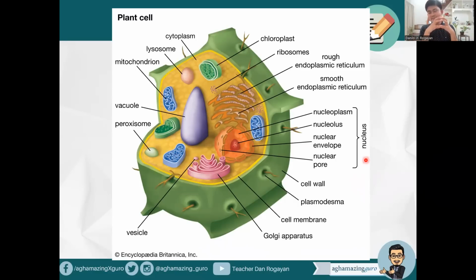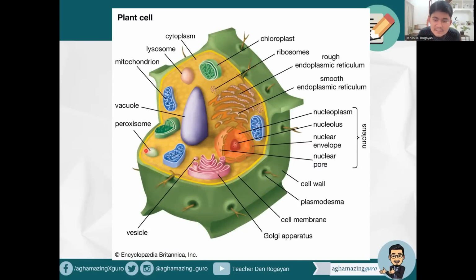Pag open, this is turgid, di ba? So turgid pag open stomata. Pag close, ayan, flaccid. So usually, kailangan din nila mag-close para hindi ma-evaporate, no, through the process of transpiration yung water, para lang to maintain their internal environment. Okay, ano pang pwede natin makita?